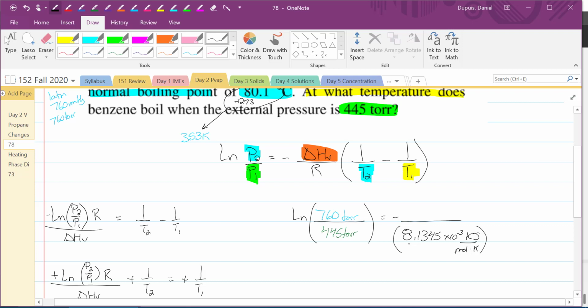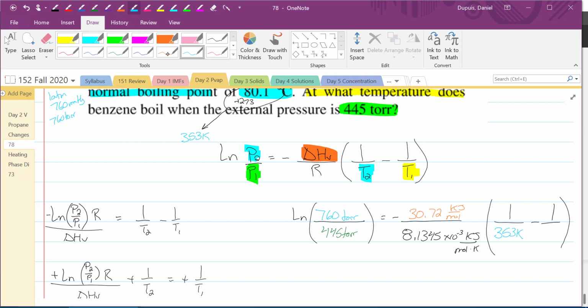Oh, why did I put parentheses there? Put parentheses here. Alright, delta H is, we had 30.72 kilojoules per mole, and T2 353. T1 we don't know.